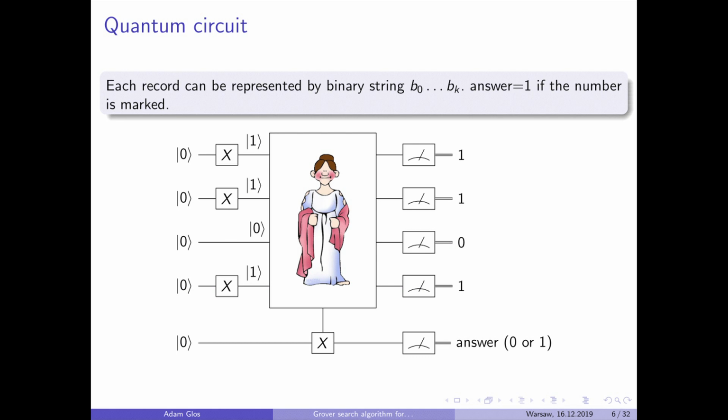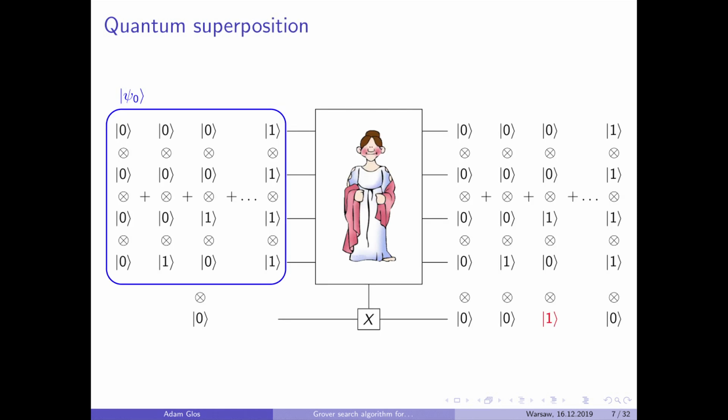But in the quantum world, we have something we call superposition, which says that we can prepare all of the combinations of our numbers, assuming for now that we have a power of 2, and then again process it through our oracle, and then one element, which is our solution, has 1 on this extra qubit, the answer qubit.